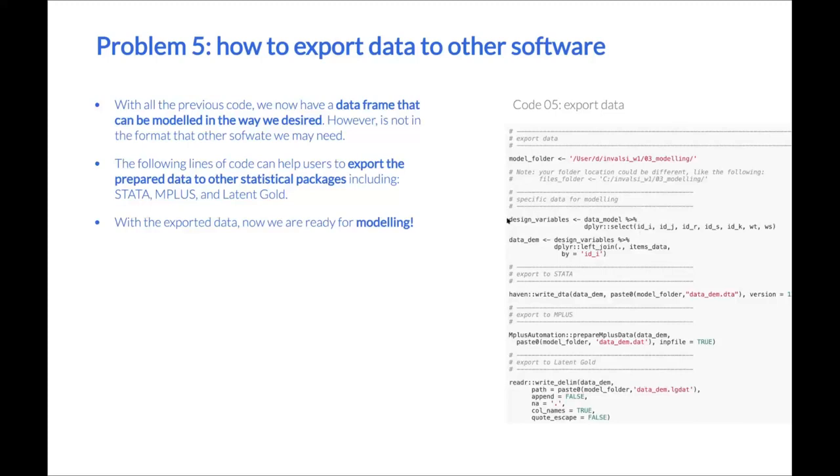So these are here, and we already have the items or the responses that we want to analyze. So we can just join them. And once we have them joined, we can export them to the statistical modeling software of choice. This could be either Stata, M+, or Latent Gold.